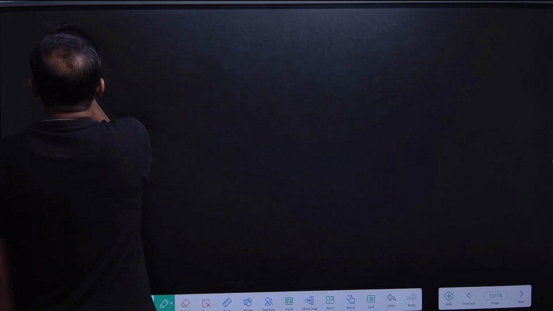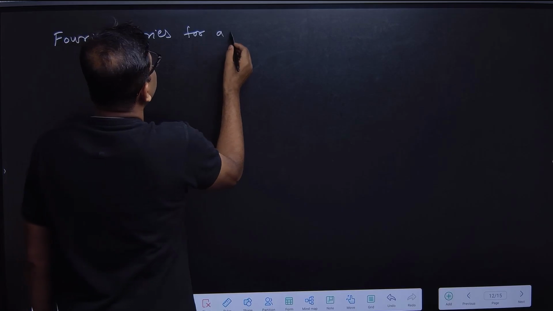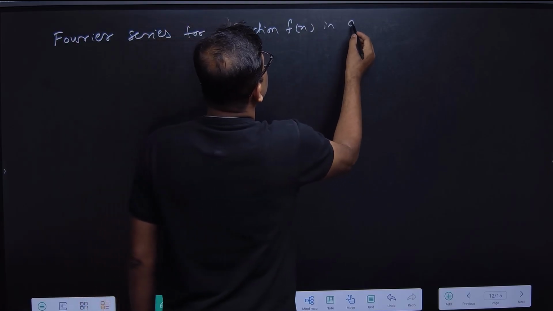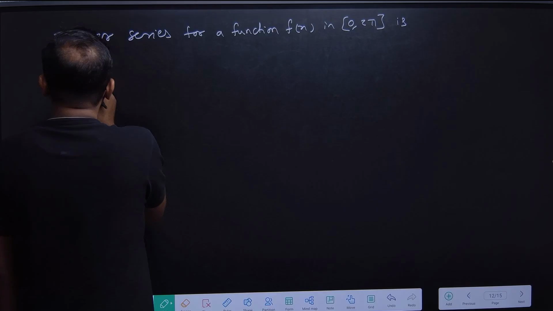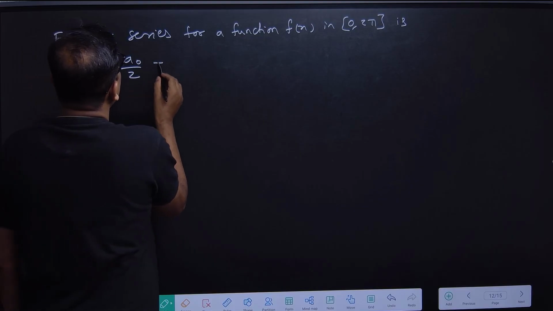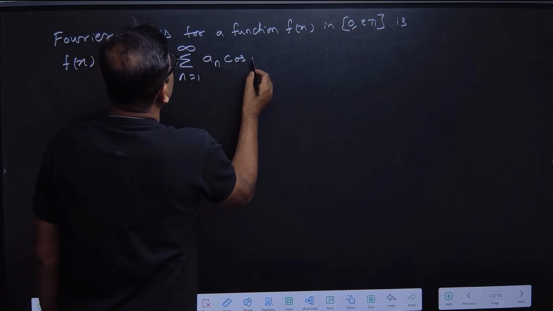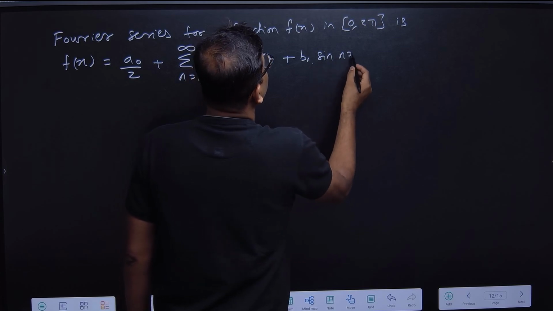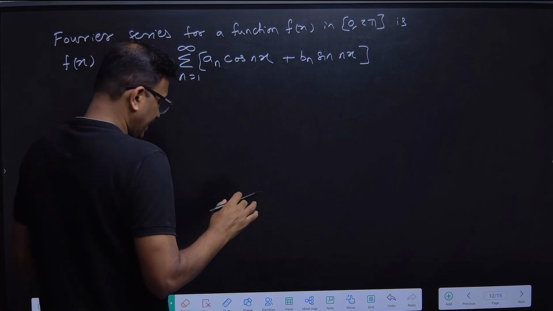The Fourier series for a function f of x in the interval 0 comma 2 pi is given by f of x is equal to a0 upon 2 plus summation n is 1 to infinity an cos of nx plus bn sine of nx. And now we'll substitute the respective values.